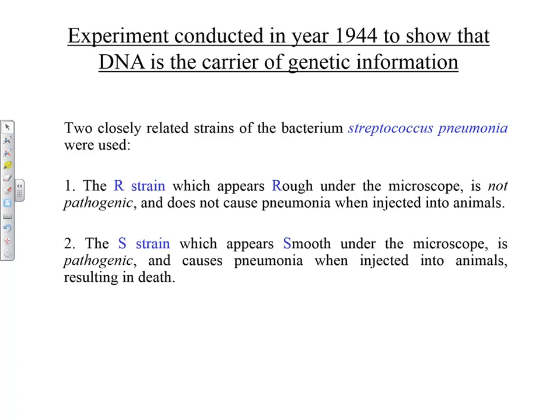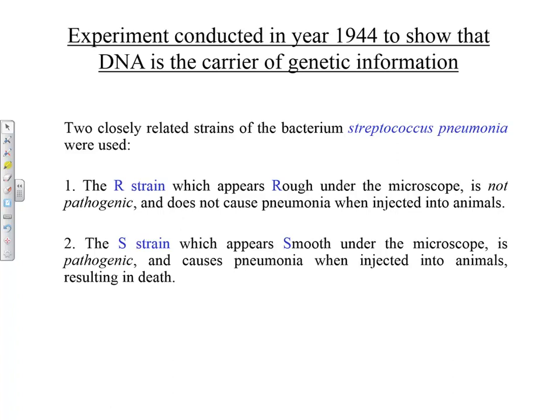Okay. So that tells you that somehow that R strain, by feeding on whatever was left over from the heat-killed S strain, got transformed to the S strain. Then they went ahead and did the analysis for the R strain that was grown on the heat-killed S strain.